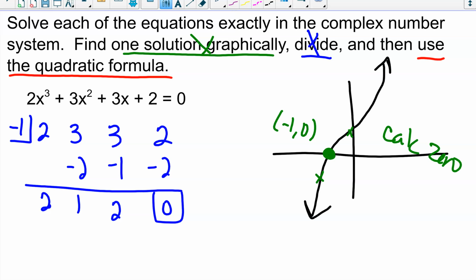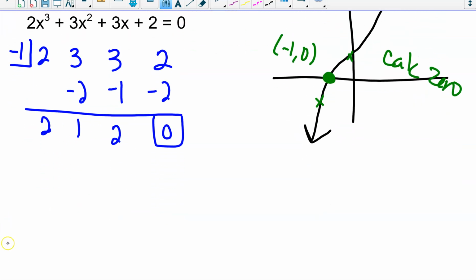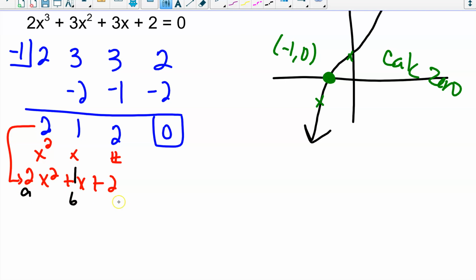Next, I'm going to use the quadratic formula. So this is my x squared. This is the same as 2x squared plus x plus 2. And so this is my A, my B is 1, and my C is 2.